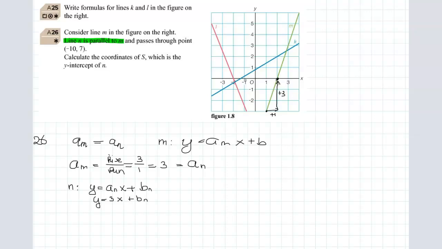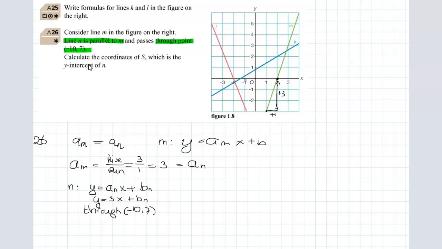Other information that is given to us is that it will pass through the point (-10, 7). So I'm going to write down that information. It goes through (-10, 7).